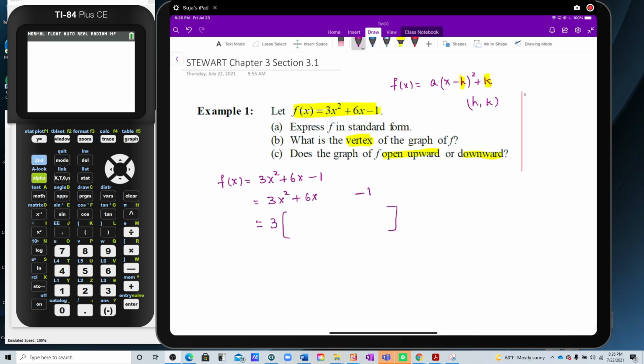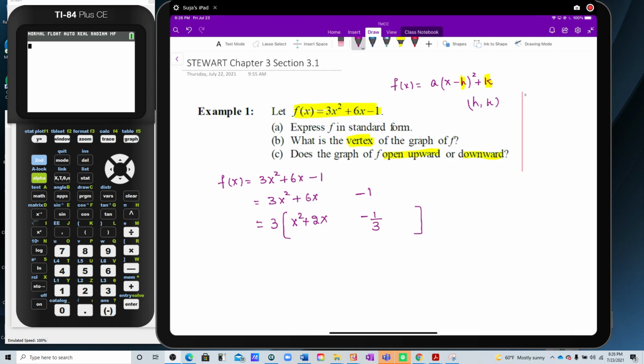If I factor out a 3 from 3x squared, I'll be left with x squared plus, this would be 2x, since 3 times 2x is 6x. And if I factor a 3 from the 1, it would become 1/3. We leave some more space on the right.